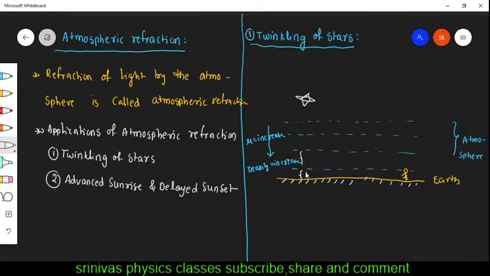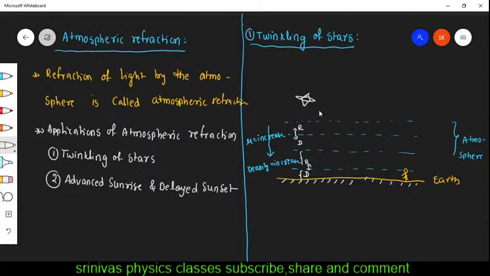This acts as the denser medium, and this will act as the rarer medium when you compare them. When you compare any two mediums, the upper one acts as rarer and the lower one as denser. Why? Because light air is at the top, and heavier, high density air is at the bottom. High density means denser medium.